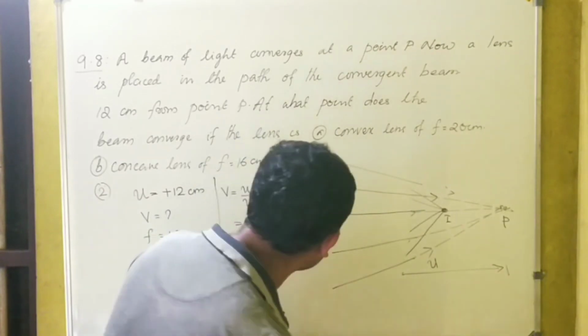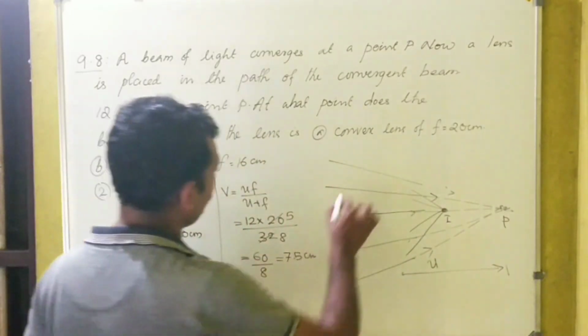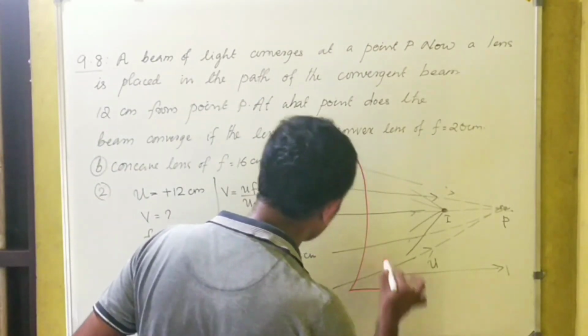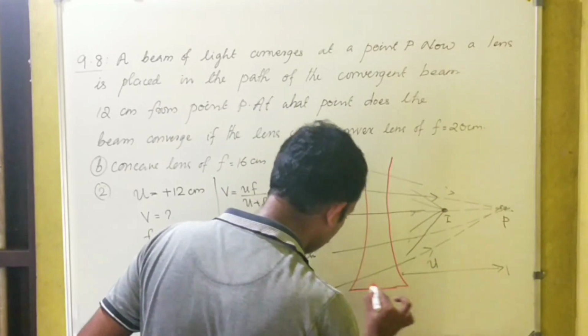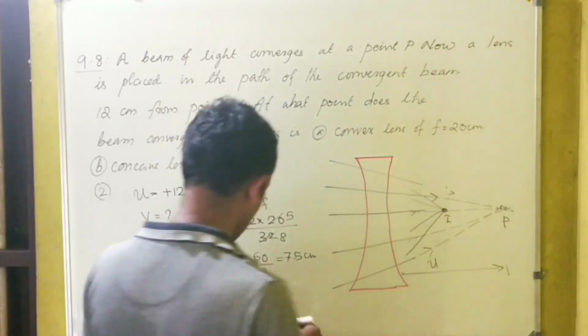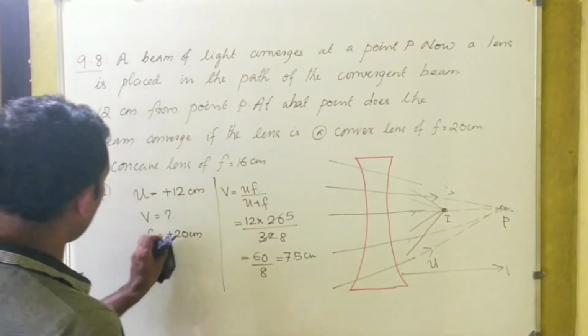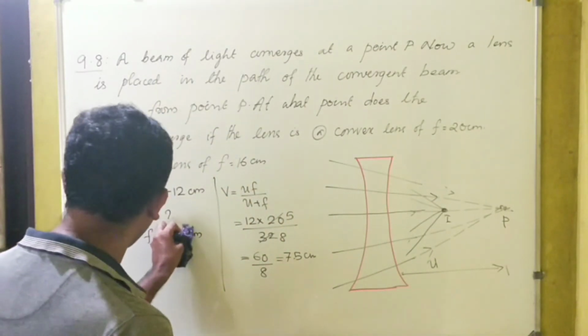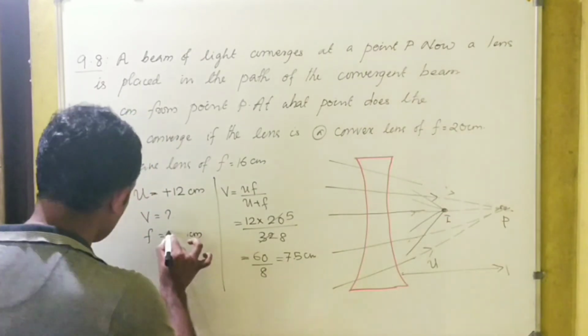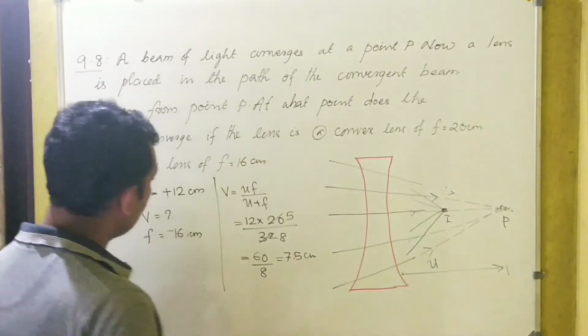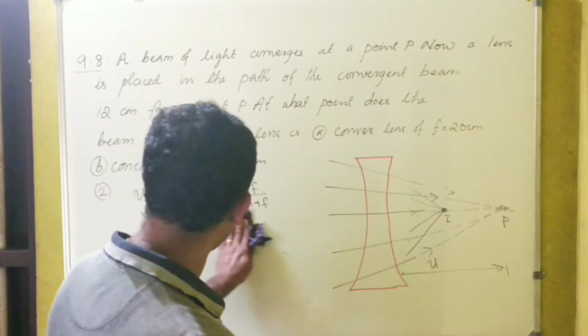Now I'm going to place a concave lens. In this case, what is the focal length given? 16 centimeter. As it's a concave lens, it is minus 16. Now this will give you the answer.